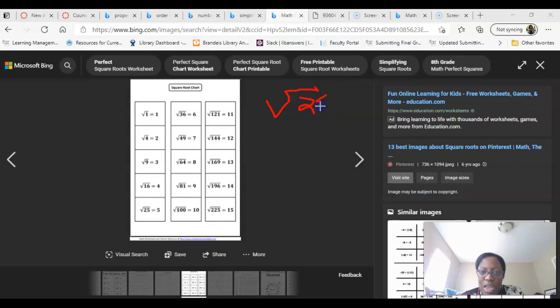The square root of 28 is the same as the square root of 4 times 7. This 4, we all know that 4 is a perfect square, the square root of 4 is 2, so your final answer would be 2 square root of 7.